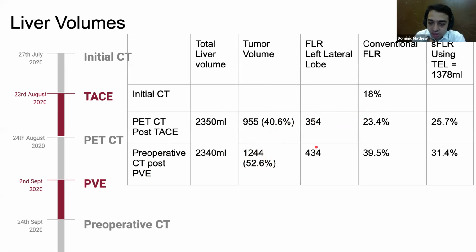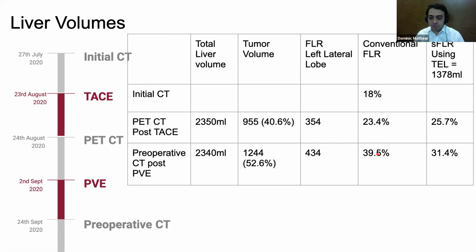The left lateral lobe had increased, but if you look at the difference, it's actually only 80 ml. But when we calculate the conventional FLR, this shows an increase by 16%. Now, this increase is actually a fallacious increase. The absolute volume increased by only 80 ml, but the conventional FLR calculation puts it at 40%.